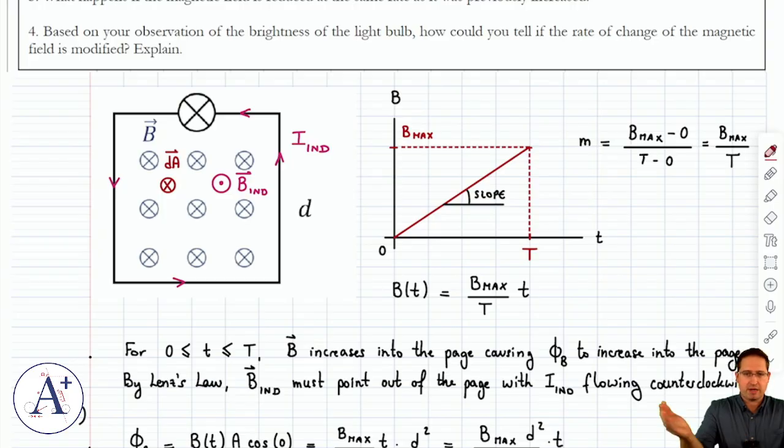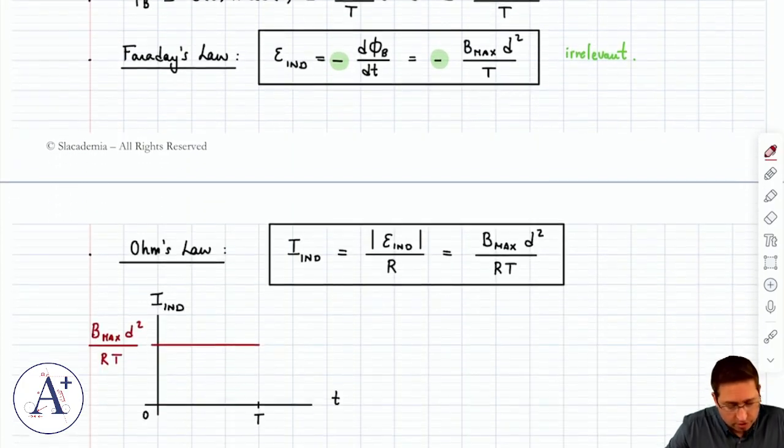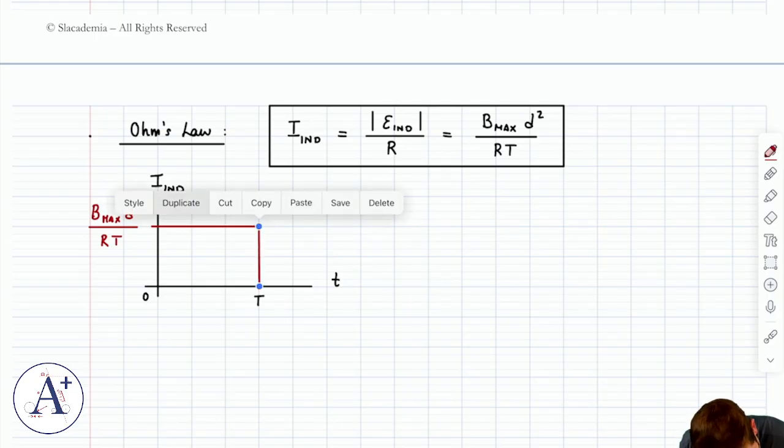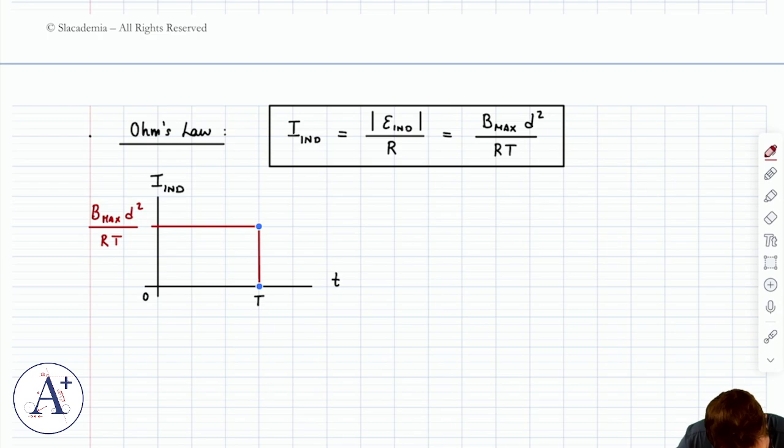It would be just B max times the area. No change in flux, no induced current, because induction is a change-based phenomenon. So if I make that assumption, I would amend my graph to look like this: after time capital T, I induced falls to 0, assuming I maintain B at B max.